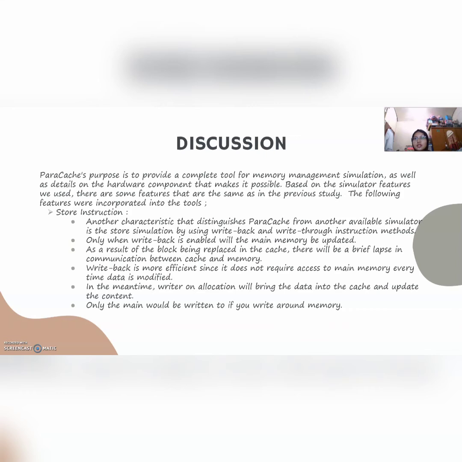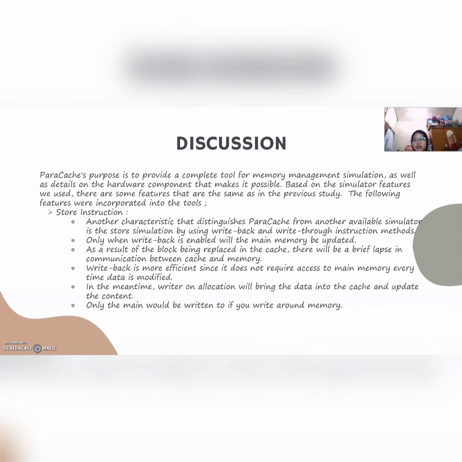First, store instruction. Another characteristic that distinguishes Paracache from other available simulators is the store simulation using write-back and write-through instruction methods. Only when write-back is enabled will the main memory be updated. As a result of the block being replaced in the cache, there will be a brief lapse in the communication between cache and memory.